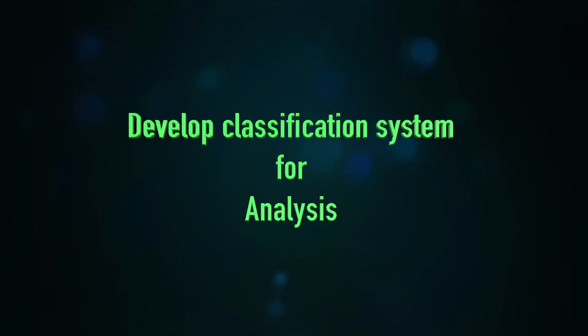The next step is to develop the classification system. Once you have collected the sample for the study, you need to find out how you are going to classify the question papers which you have collected. This will come directly from the objectives or the research questions which you have stated.